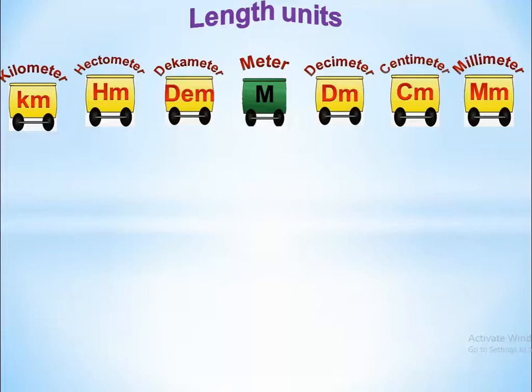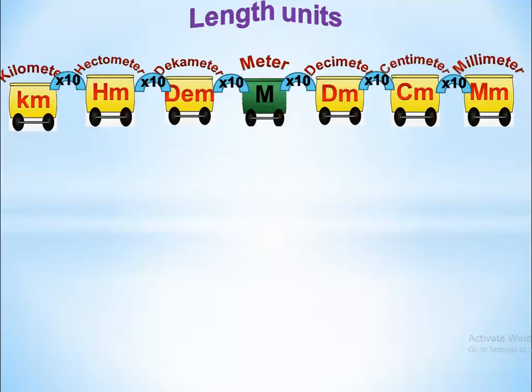Okay. If I want to convert or change from kilometer to hectometer, to know the kilometer equal how many hectometers, kilometer equal 10 hectometers, so we are going to multiply by 10, and hectometer equal 10 decameter, and decameter equal 10 meter, and meter equal 10 decimeter, and decimeter equal 10 centimeter, and centimeter equal 10 millimeter.